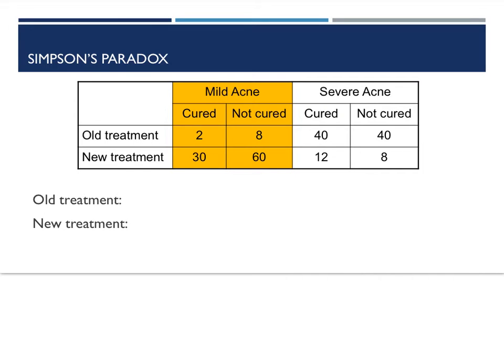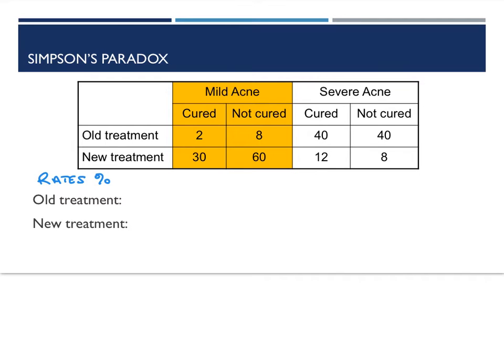We're going to start by looking at the people who had mild acne. We want to find the cure rates. Rates are going to be found in percentages. So, if I look just at the people who had mild acne, what was the cure rate for the old treatment?